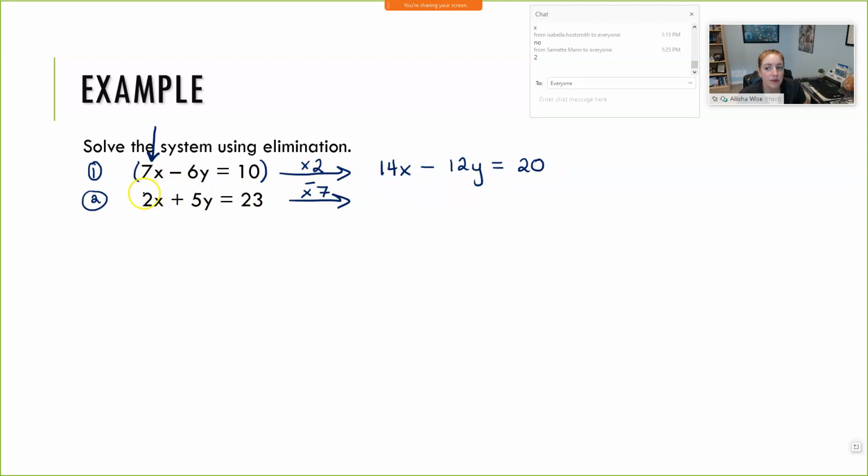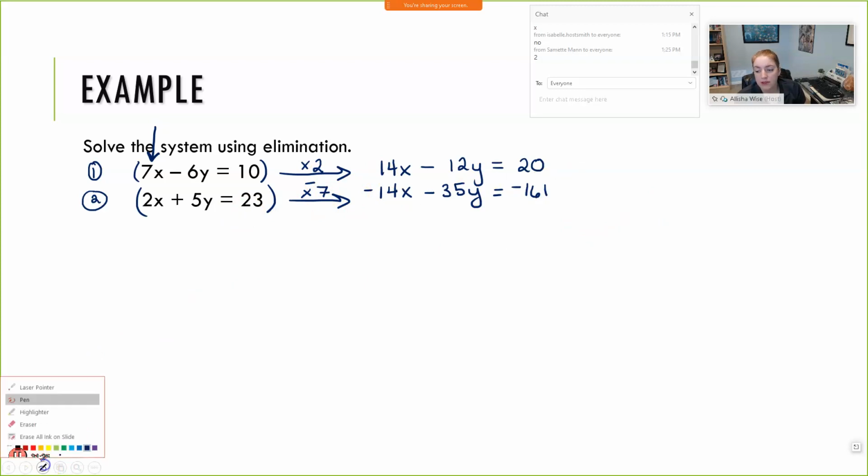This next one, I'm going to be extra careful because I'm multiplying by negative 7. So 2x times negative 7 is negative 14x. Positive 5y times negative 7 is negative 35y. And 23 times 7, what does that give me? Negative 161. Being very careful of that negative, right?